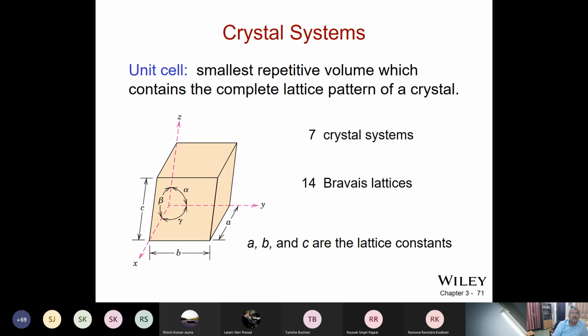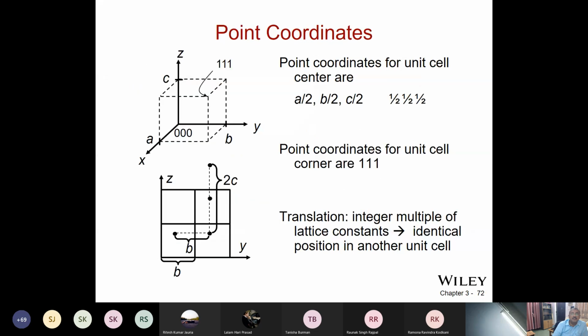So what we learned here, 7 crystal systems, putting positions other than those corners, I got 7 more, so 14 Bravais lattices. And next class, I'll end here because a lot of things I covered in one day. You need to have time to absorb these things. I'll talk about coordinates, crystal directions, and planes.